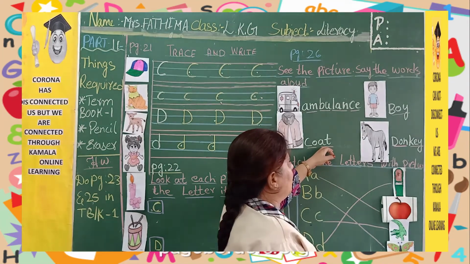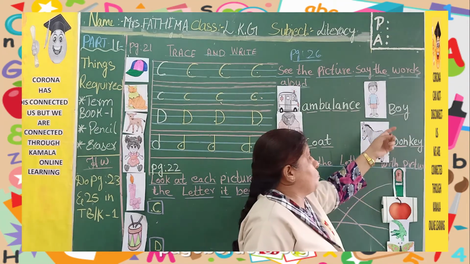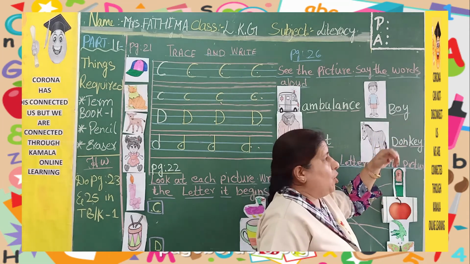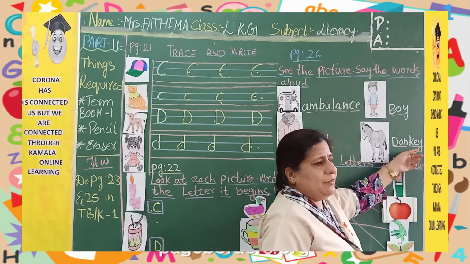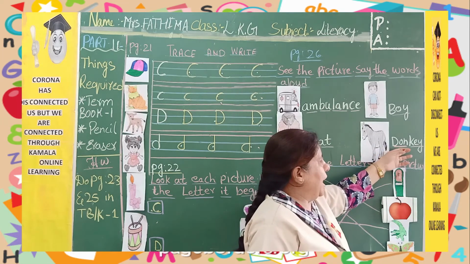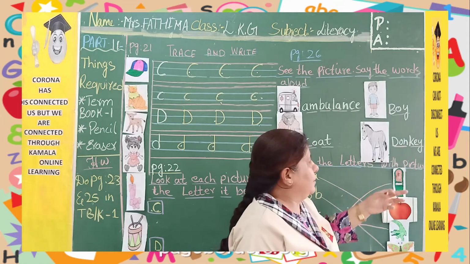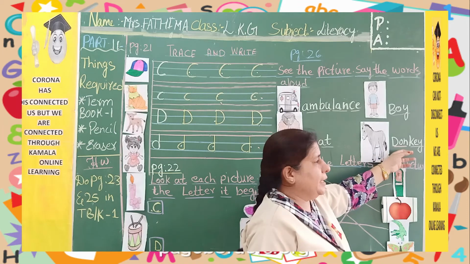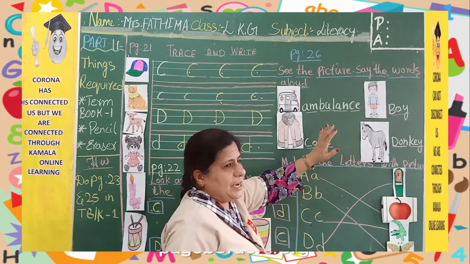B-O-Y, boy. D-O-N-K-E-Y, donkey. You should know the spelling, children.